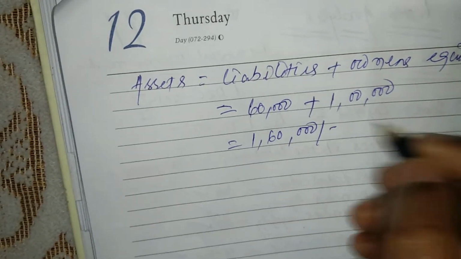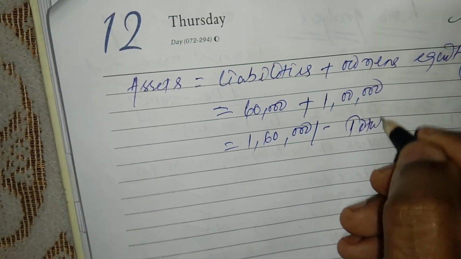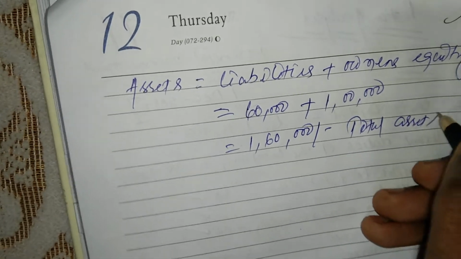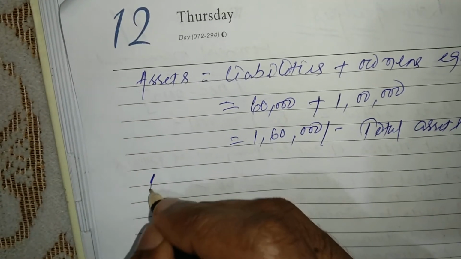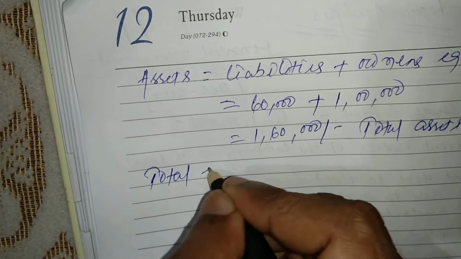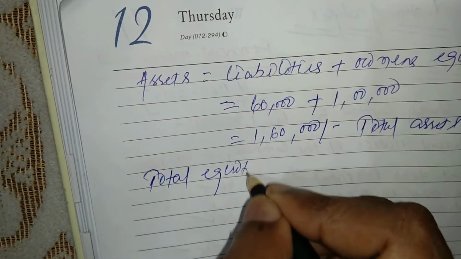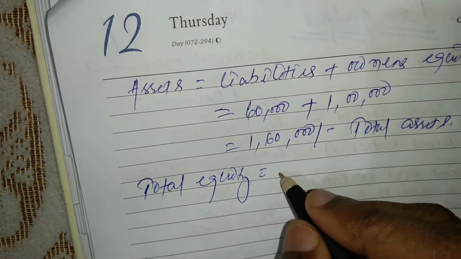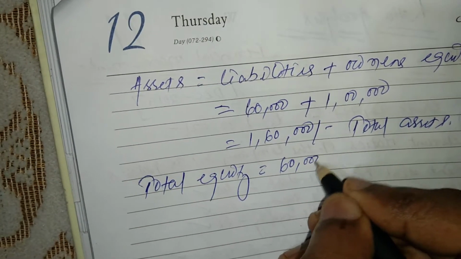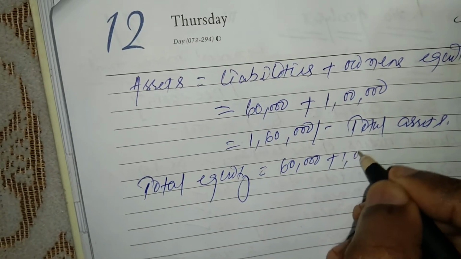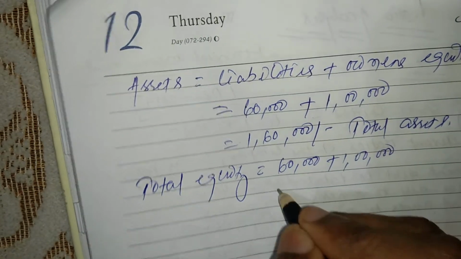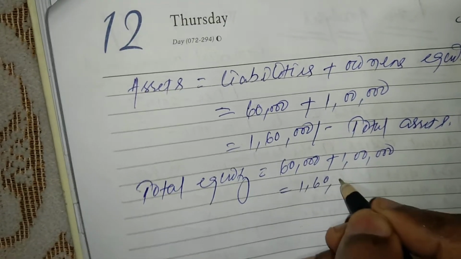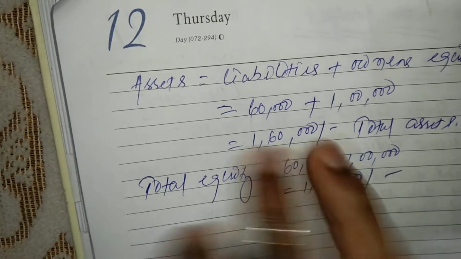Then this is the total assets. Then the total is 60,000 plus 1 lakh is equal to 1 lakh 60,000. Okay.